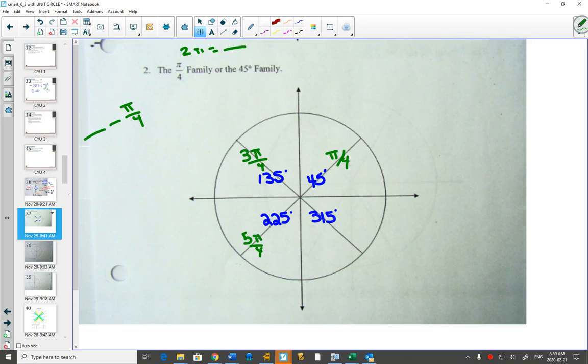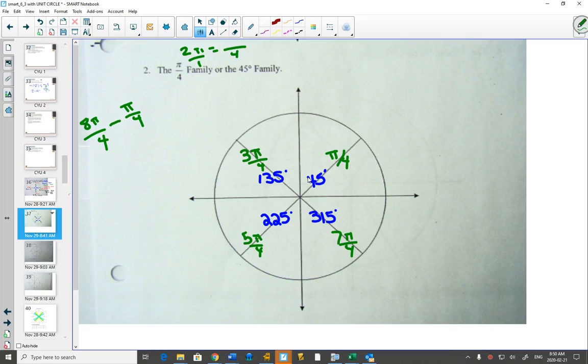You want it as something over 4. Right now it's over 1. Multiply both of them by 4. Agreed. Get 8 pi over 4. And so 7 pi over 4 is quadrant 4.